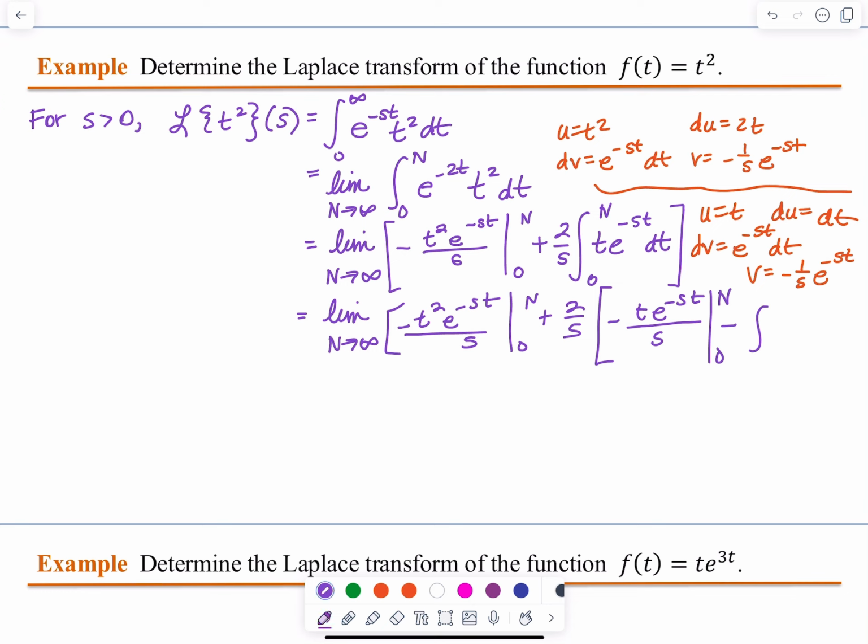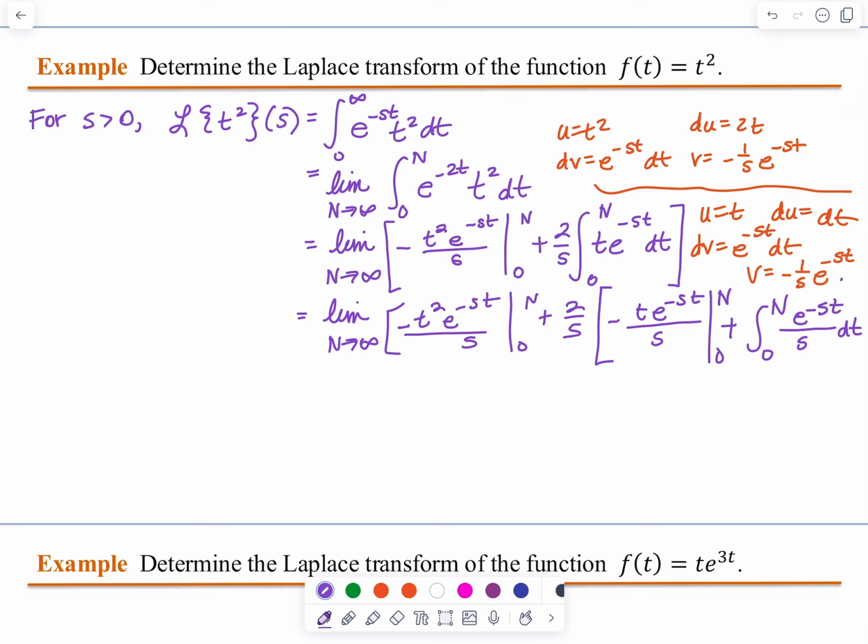Minus the integral, and we can make that a plus, of v du, so we have e to the negative st all over s dt.